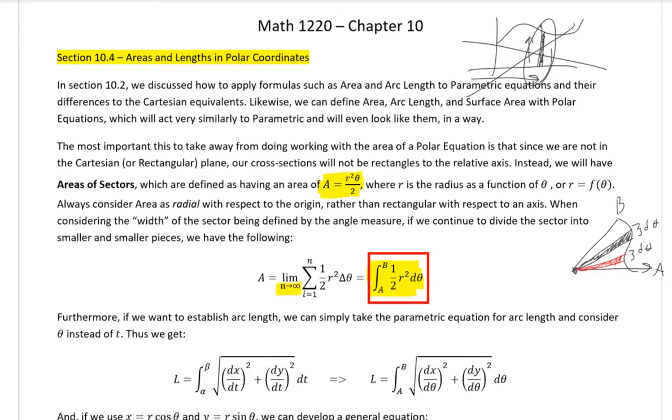Now we'll commonly pull that 1/2 out because it is a constant, but this is going to be the formula. It's going to look a little bit different, and what a lot of people will relate it to is the volume formula based on circles or cells. So it's going to look a lot like volume equals pi r squared dx or dy. It's going to look a lot like that formula. Now that's going to be the formula for area.